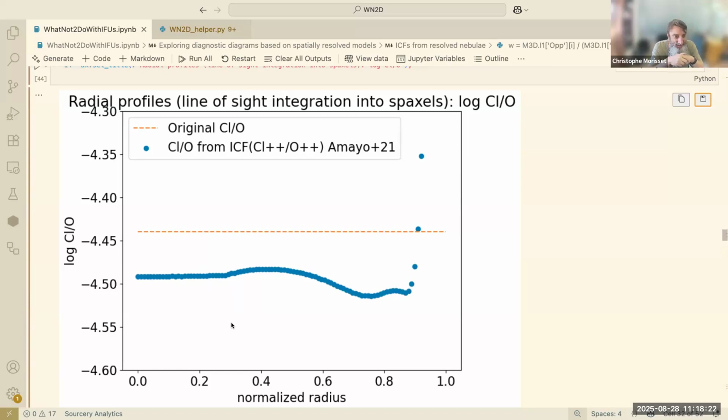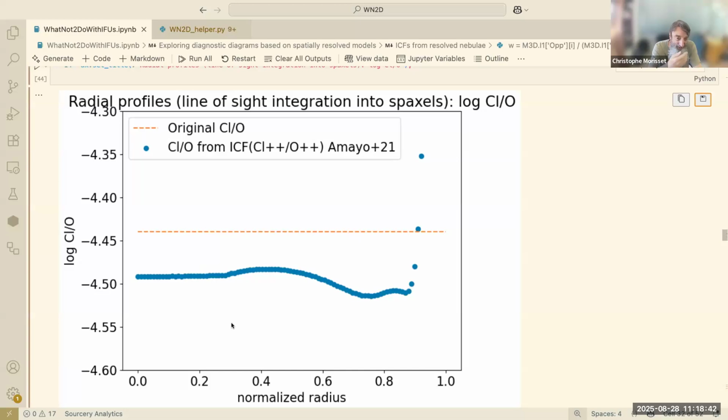So this argument can also be built on a spaxel basis. In one given spaxel, I have an ionization. I'm looking for similar ionization in my models, and I will apply the ICF from this model.